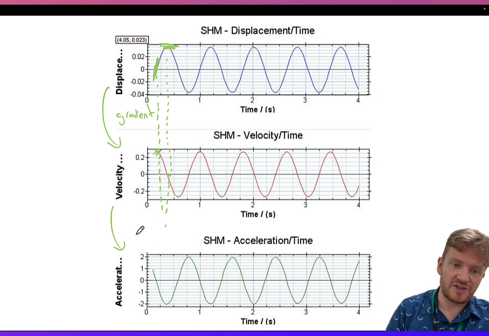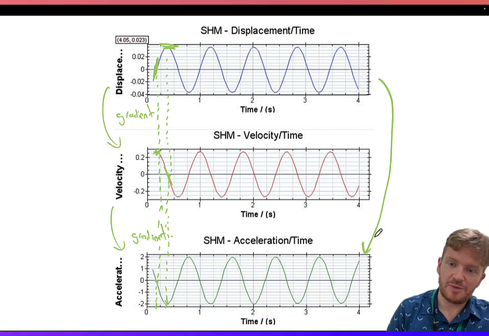To go from velocity to acceleration, you just get the gradient again. And you'll see again here, my gradient starts off at 0, so my value is 0 down here. My gradient is large and negative, so I have a large and negative number down here. Now remember, we said acceleration is equal to minus omega squared x.